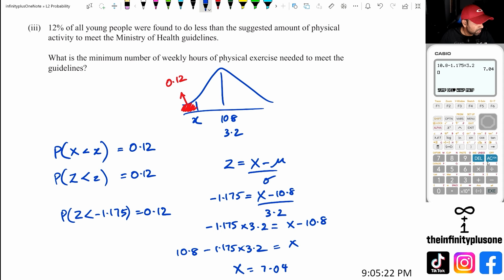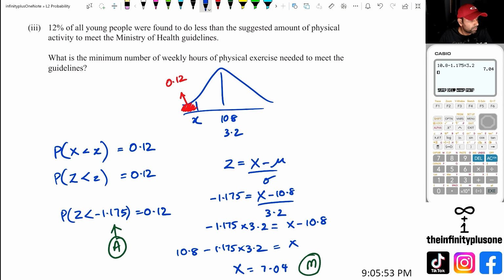All right, so looking at this grades-wise, if you just gave the correct answer only, so if you just gave the 7.04, you'll get achieved. But if you show some evidence of working towards the formula, or a clearly labeled diagram must be shown, that's going to get you a merit. Achieved also could be for getting this z value here as well.